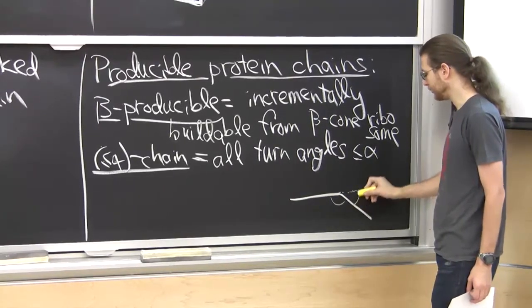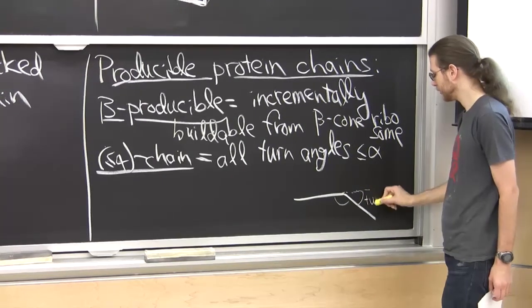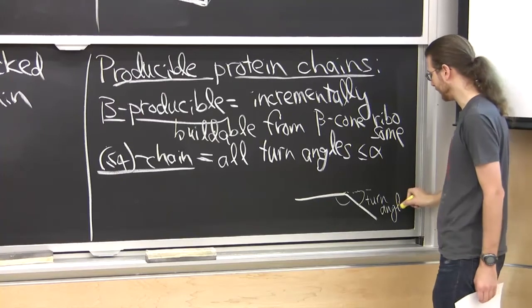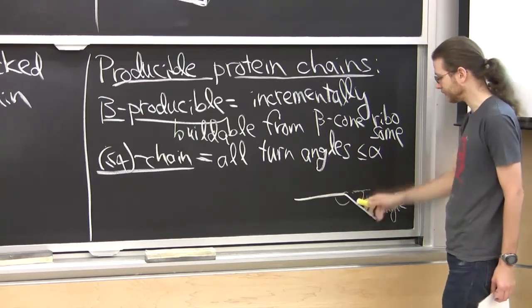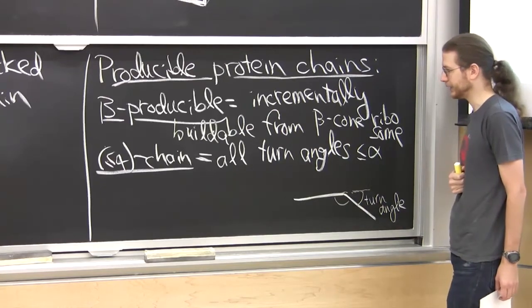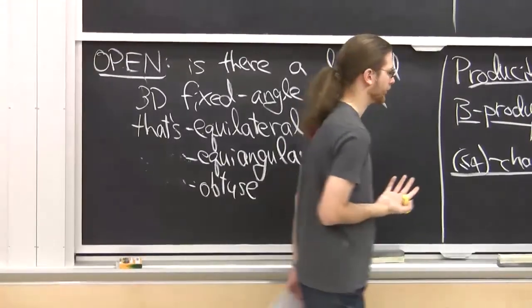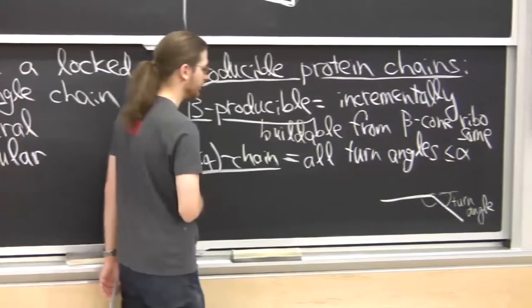The turn angle would be this, the supplement. Yeah, I guess we used turn angles way back in origami land, Kawasaki's theorem and so on. It's just if you're going straight, how much do you have to turn to get to the next edge? So we'd like fairly obtuse angles, so alpha is going to be small. There isn't a ton of turn. But in general, a less than or equal to alpha chain for some alpha.